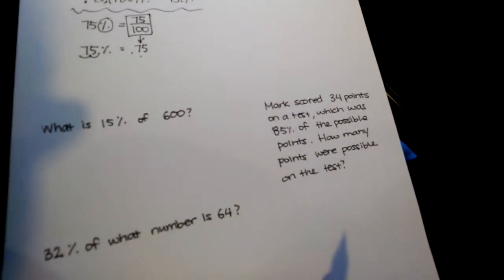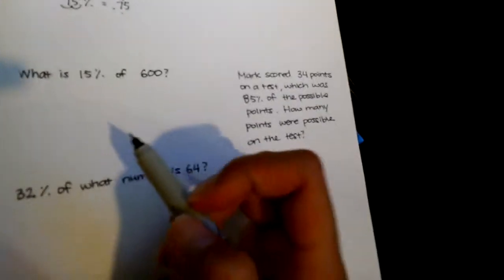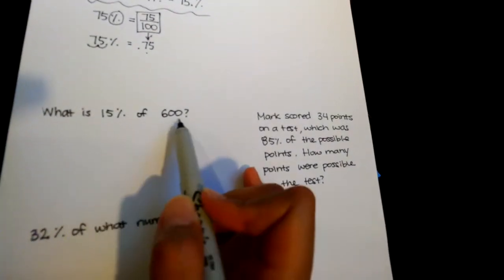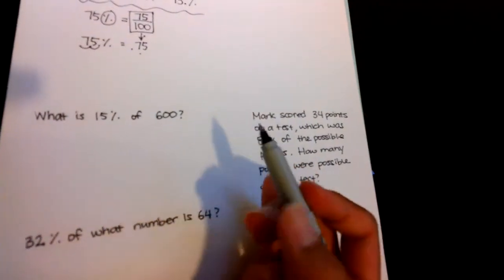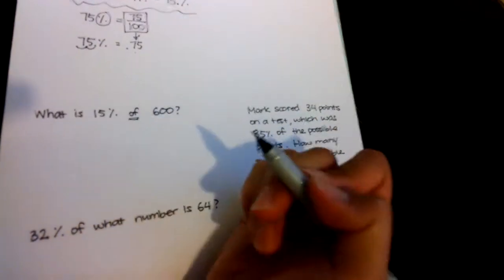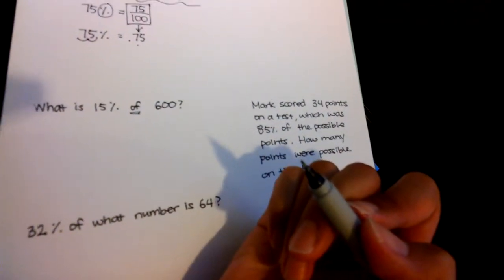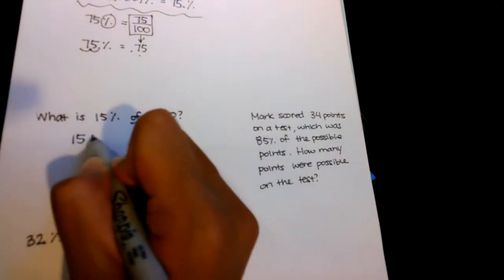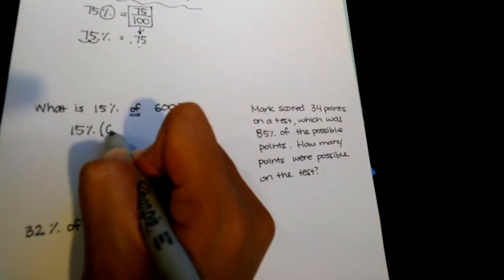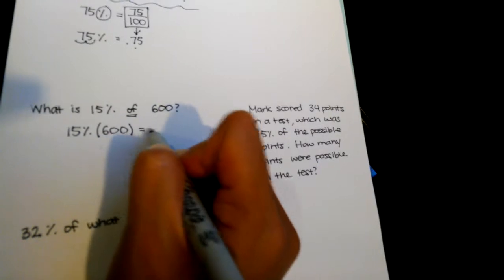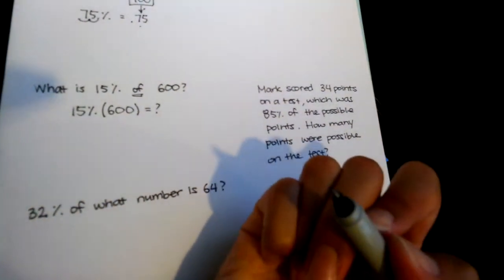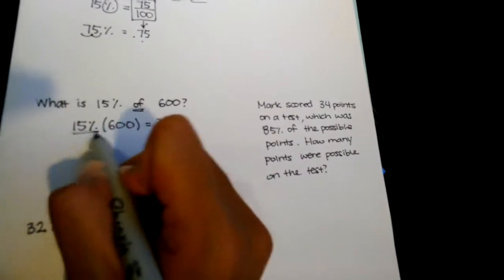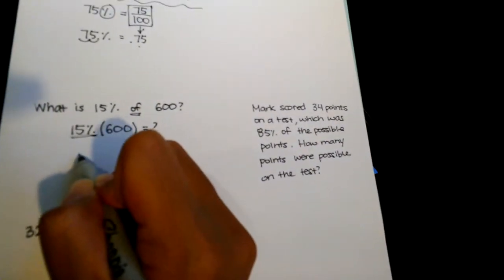So when is this information ever useful? What is 15% of 600? When you see "of," for the most part, you can associate it with multiplication. So what we're saying here is 15% times 600 equals what number? We have to convert the percent to a decimal.